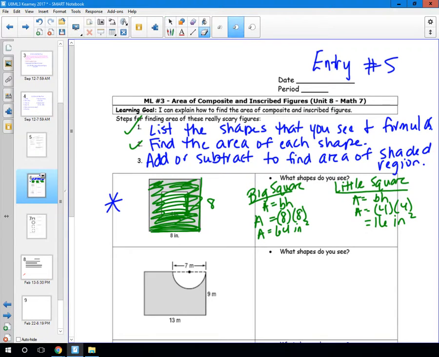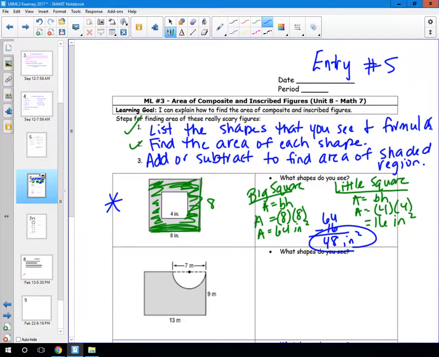No. What they've done is cut out this little teeny baby square out of the middle. So now I have a big square minus the little square in the middle. Do you think I'm going to add or subtract? That's right, I'm going to subtract. The big square, 64, minus the little square, 16, leaves me with 48 inches squared for my shaded region.